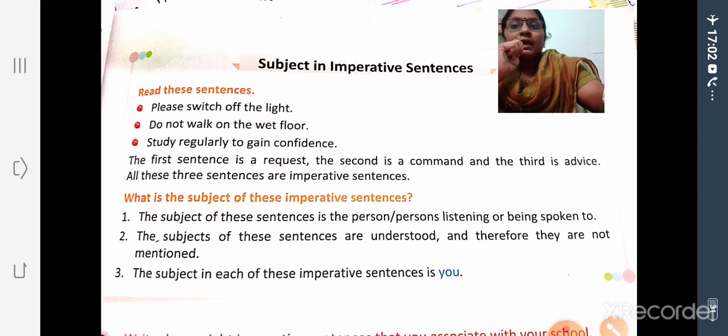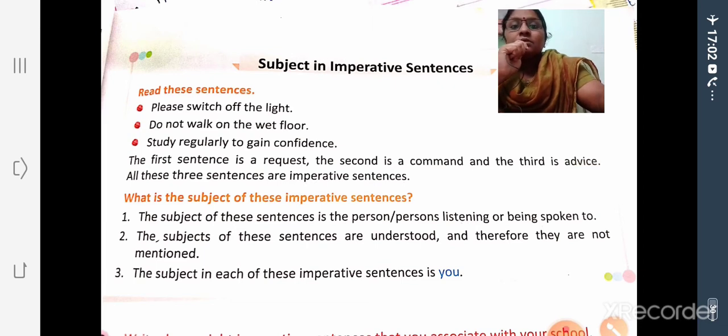Please switch off the light. That is an imperative sentence. It's a request. Do not walk on the wet floor. It's a request. Study regularly to gain confidence. It's advice. Close the door. Wash your hands. Please bring me some water.